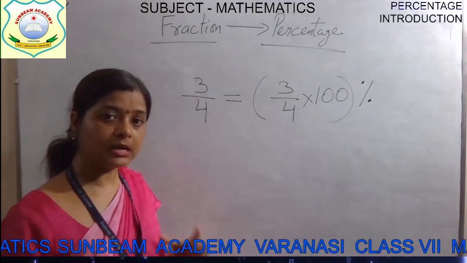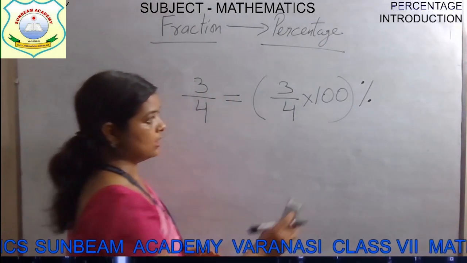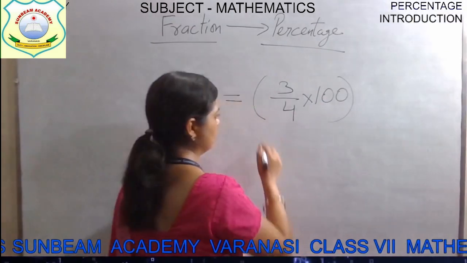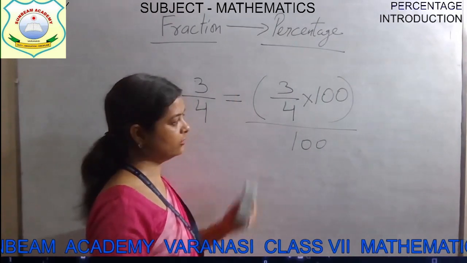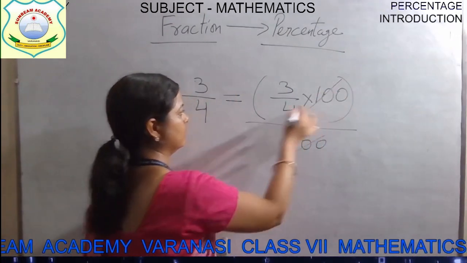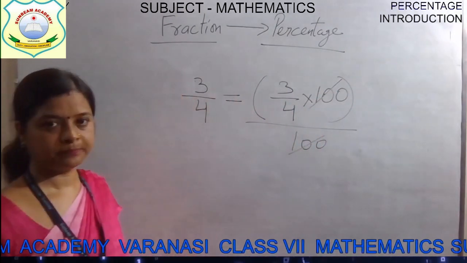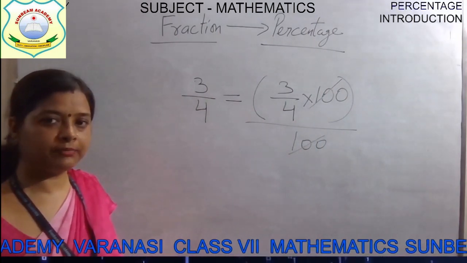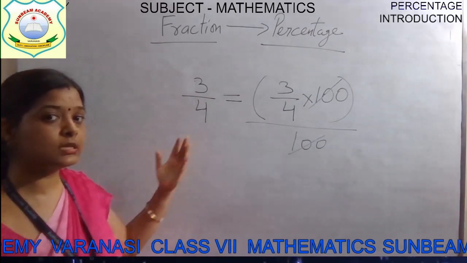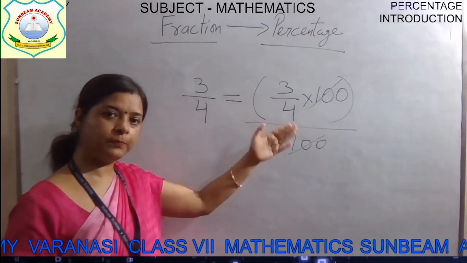Either you write it this way or this way, and when you simplify, the 100 goes away and the two remain the same. That's why I am multiplying it with 100, because we have to convert this fraction into percentage.